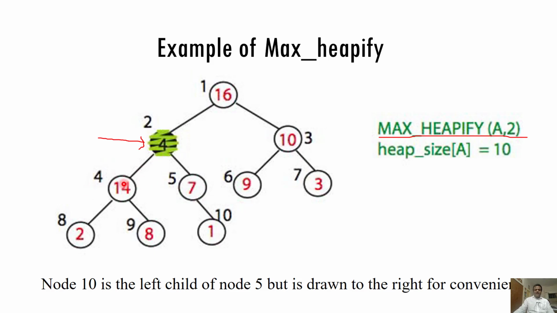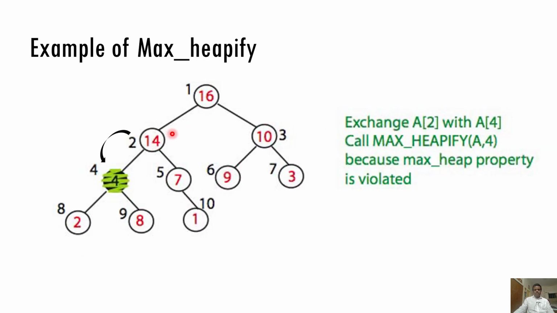We compare the children. Among these two children of this, whichever is the maximum, we swap with this. So, 14 is the maximum, so we swap 14 and 4. 14 will go here and 4 will come here.